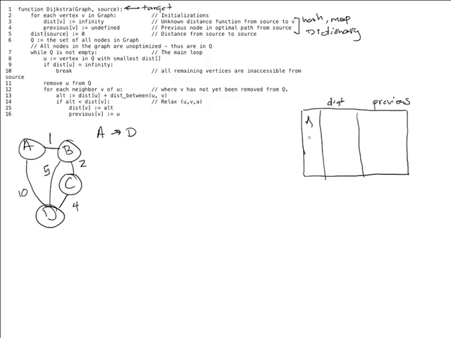So we have A here, we have B, we have C, and we have D. In the beginning, the distance is set to infinity for all of those, and undefined for the previous. Okay, perfect.